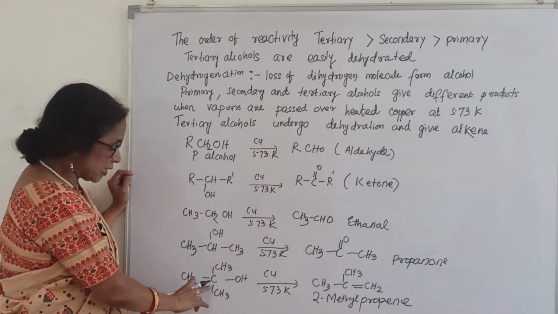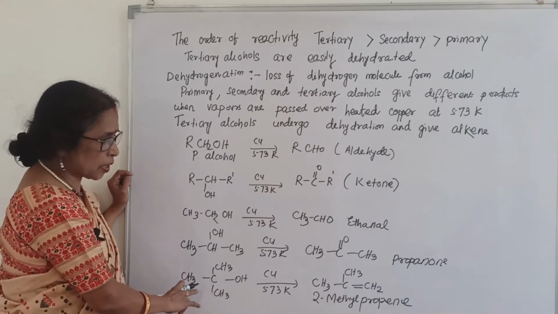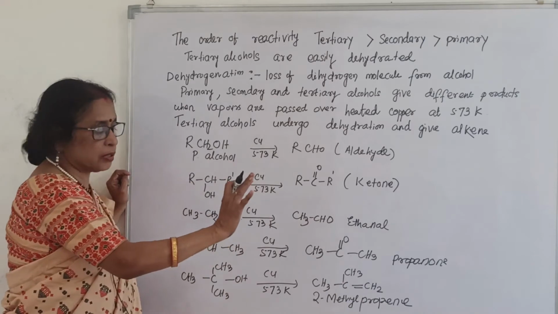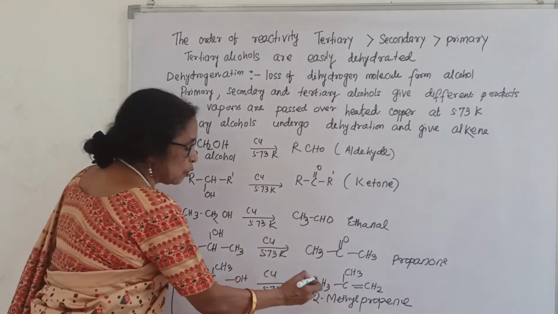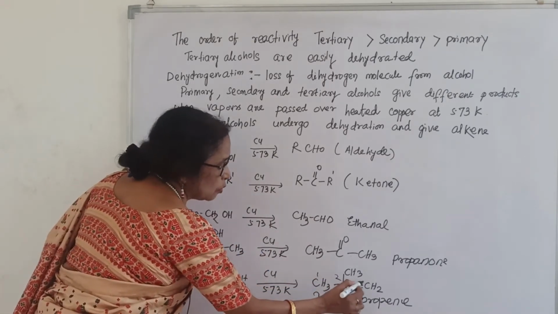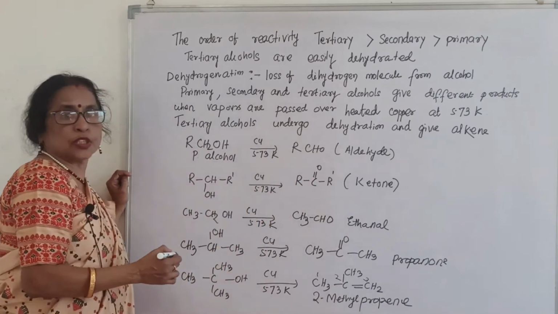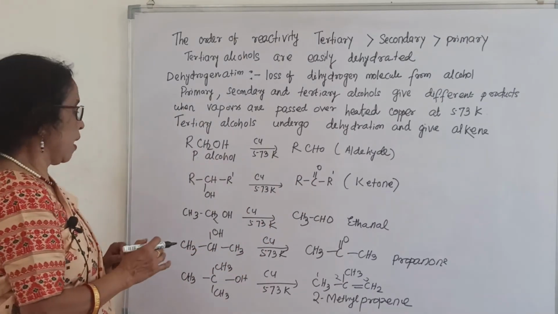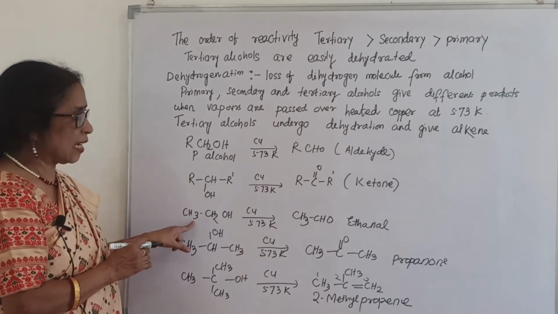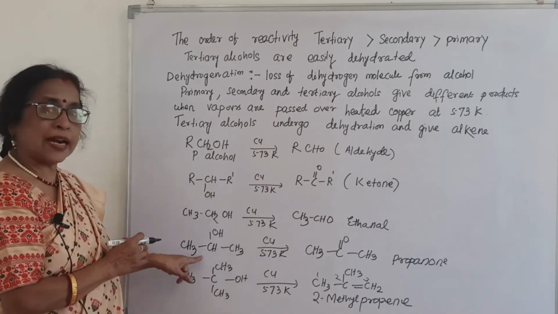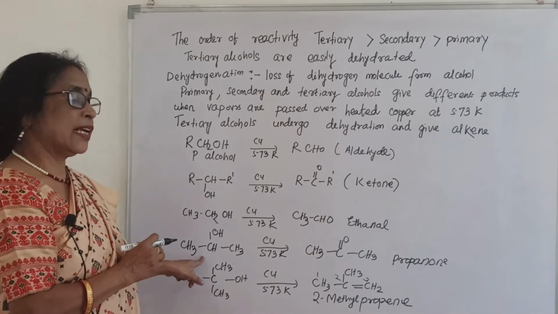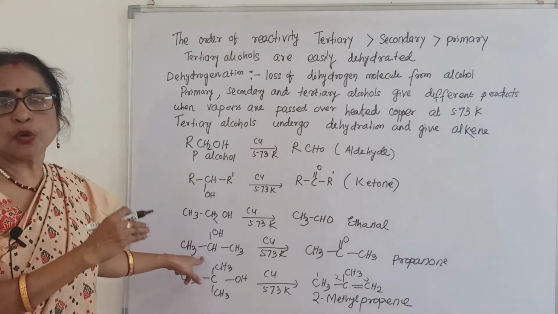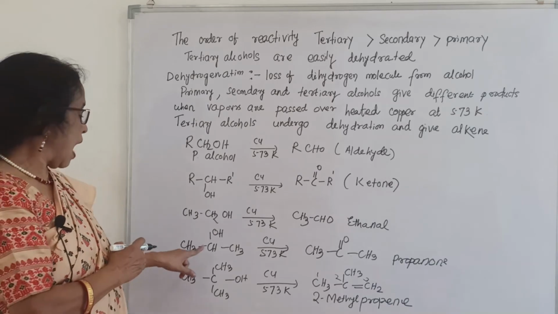That means tertiary alcohol, how many carbons? 4 carbons, 1, 2, 3, 4, and the alkene. What is that? At position 2 there is a methyl group, so 2-methylpropene. And see here, primary alcohol, ethyl alcohol, gives ethanal, and propan-2-ol is a secondary alcohol, which you can also call by the common name isopropyl alcohol.